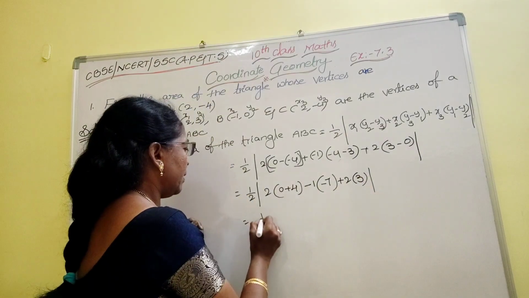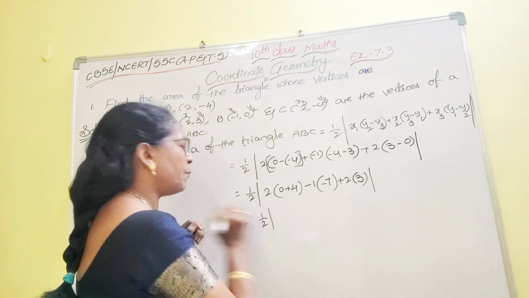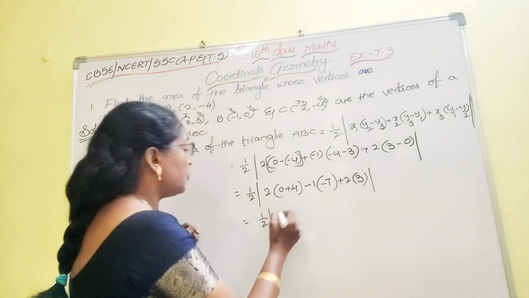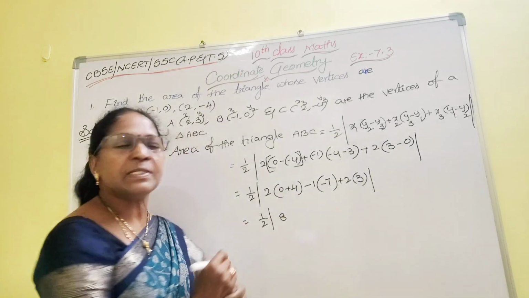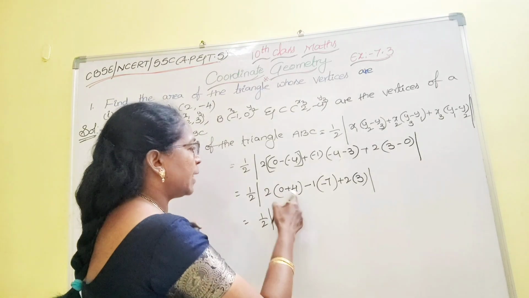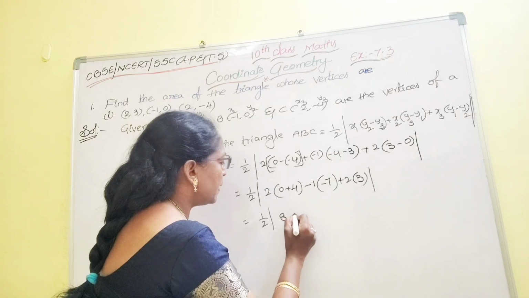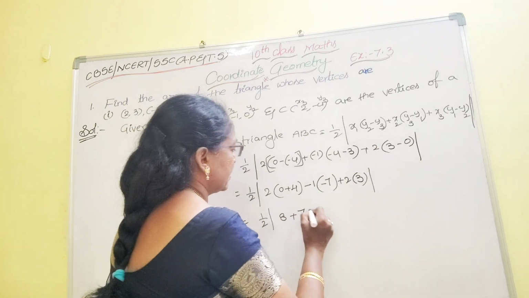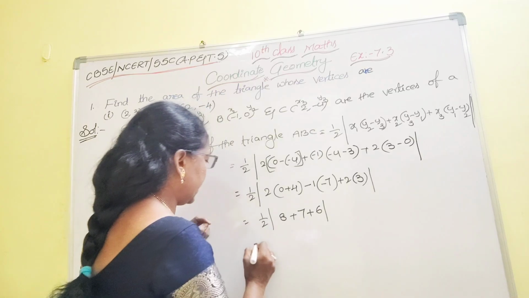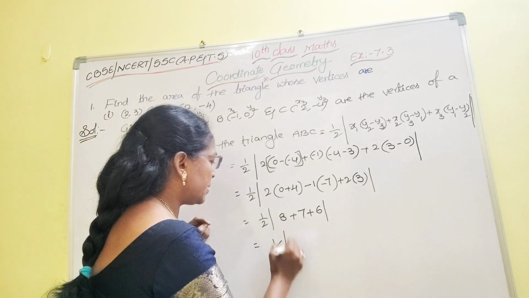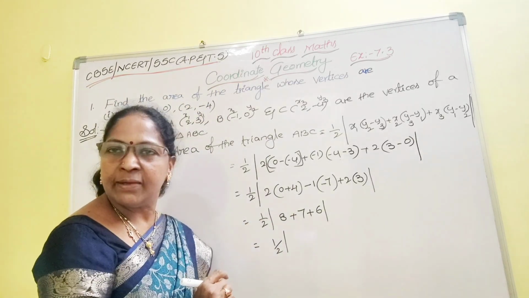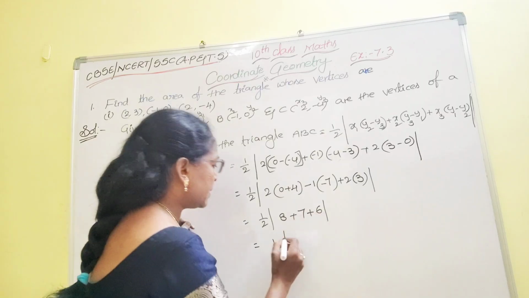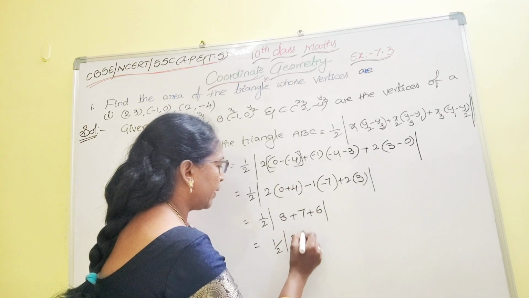Now half modulus of 2 into 4, 2 fours are 8, 0 plus 4 equals 4. So 2 fours are 8, minus into minus plus, 1 seven is 7, plus 2 threes are 6. That equals half modulus of 8 plus 7 equals 15, 15 plus 6 equals 21.